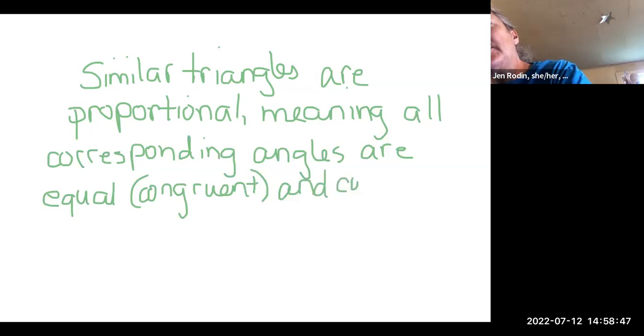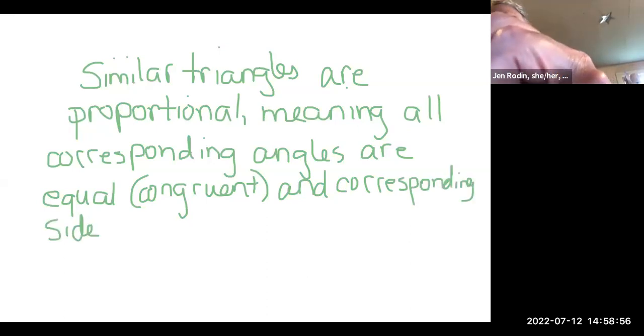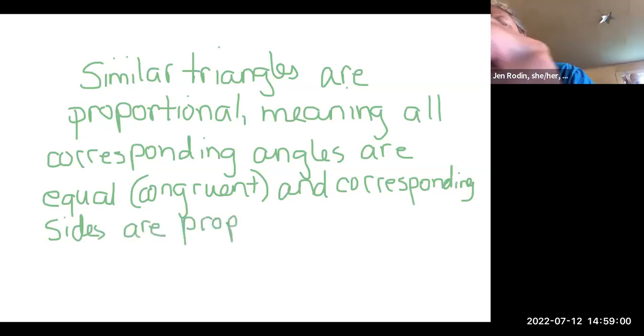And corresponding sides are proportional.